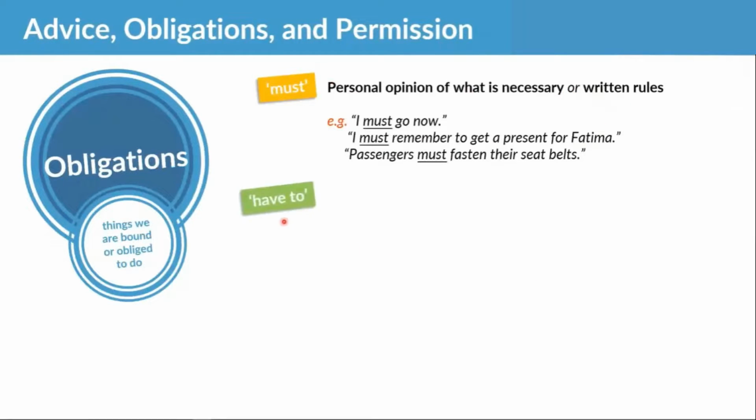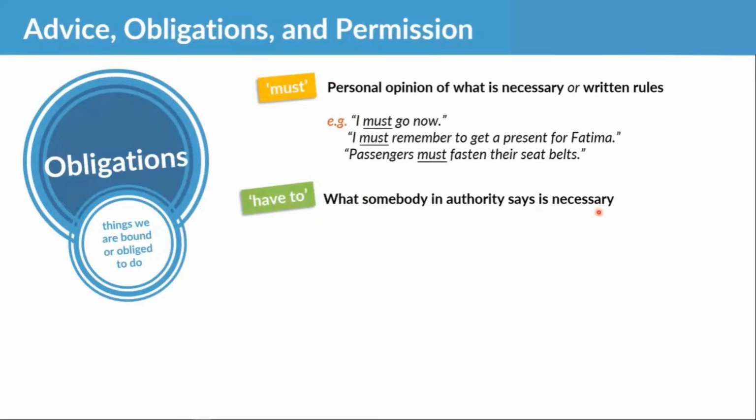Now, next up we have to. This is for what somebody in authority says is necessary, or an external obligation. But in speaking, they are used very similarly, and have to is often used more.